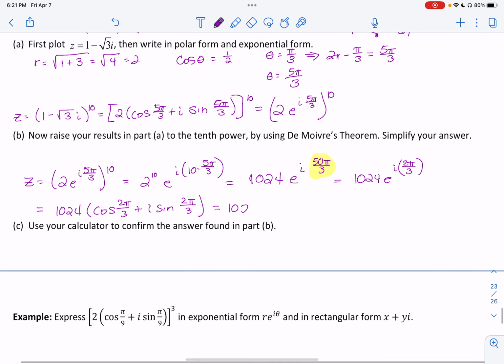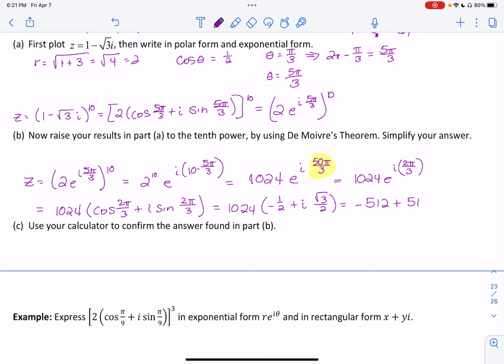So I have 1024 times cosine of 2 pi over 3, which is going to be negative 1/2, plus i sine of 2 pi over 3. It's over there in the second quadrant, and it's going to be root 3 over 2. So I'm going to end up with negative 512 plus 512 root 3 i.